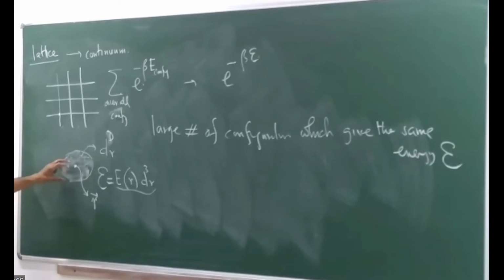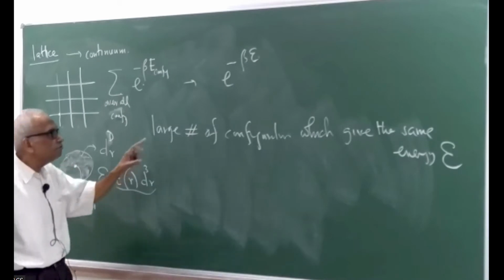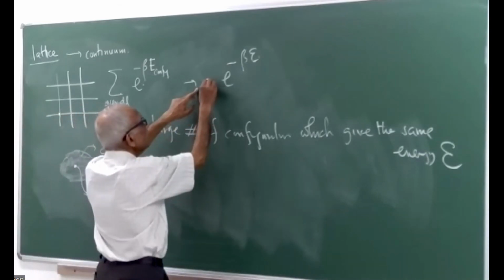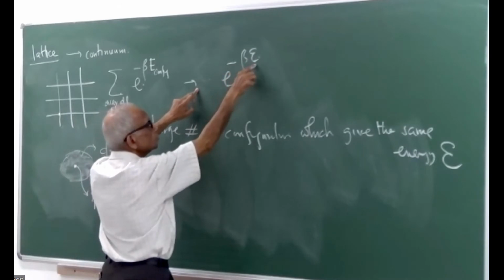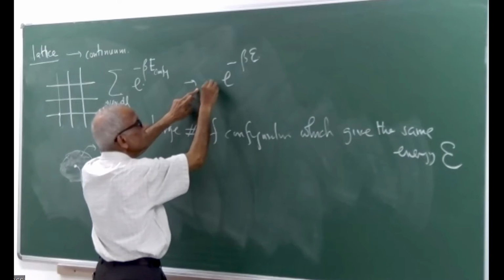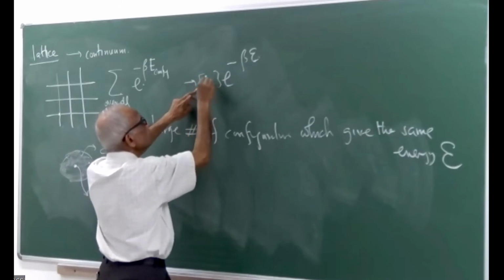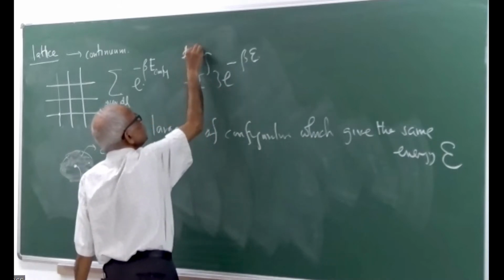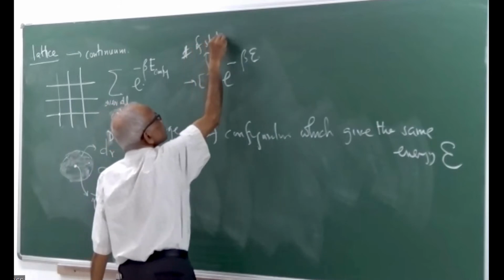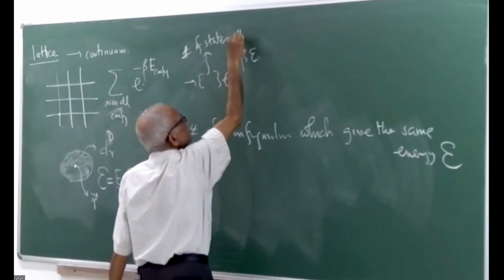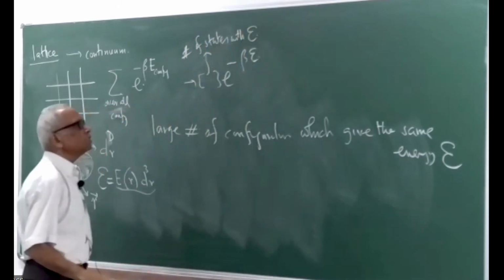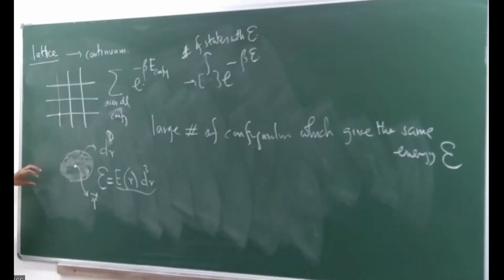But for this I have to put in the number of states which correspond to this energy E. So what is the number of states? I need to put in the number of states with this total energy E. There are lots of microscopic states going in over here, over which I'm doing an averaging.